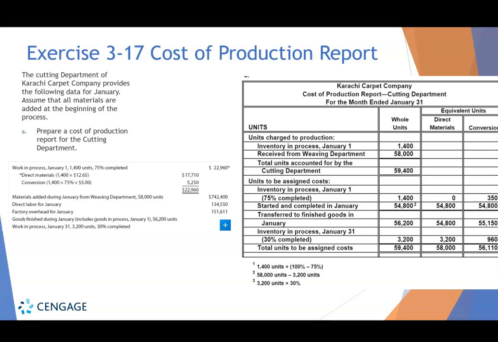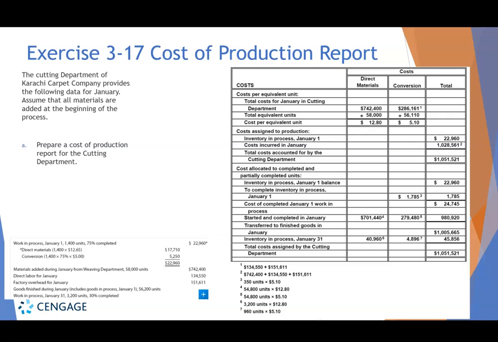So it gives us our total units. We need to do that first in order to then be able to assign direct materials per equivalent unit and conversion costs per equivalent unit.